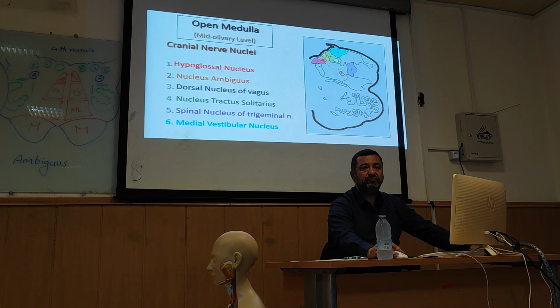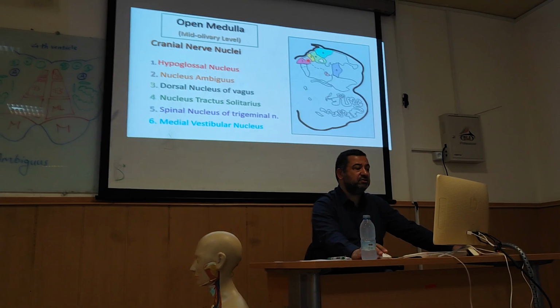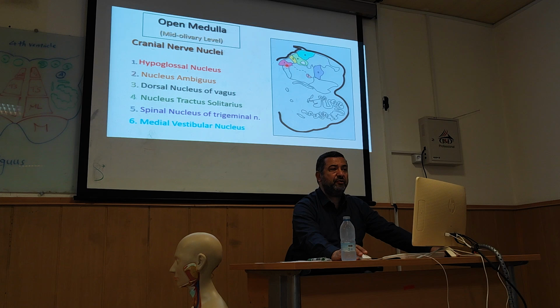In the open part of the medulla oblongata, we can see hypoglossal nucleus, dorsal nucleus of the vagus, nucleus solitarius, spinal nucleus of the trigeminal nerve, nucleus ambiguus, and here is inferior olivary complex.